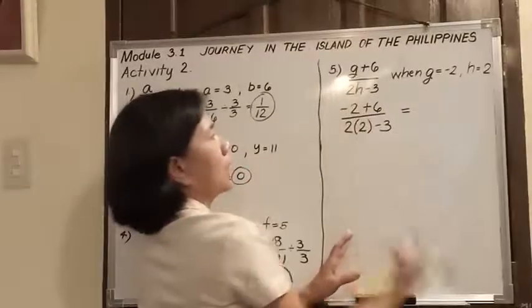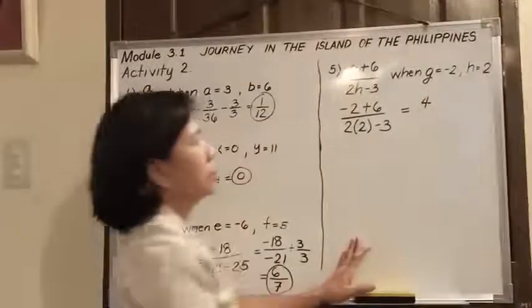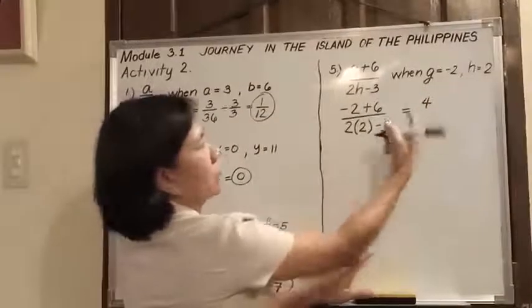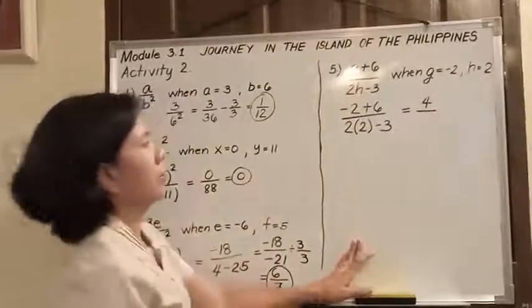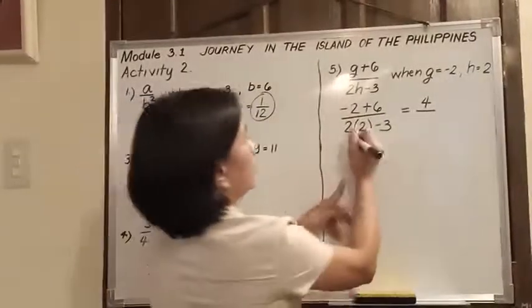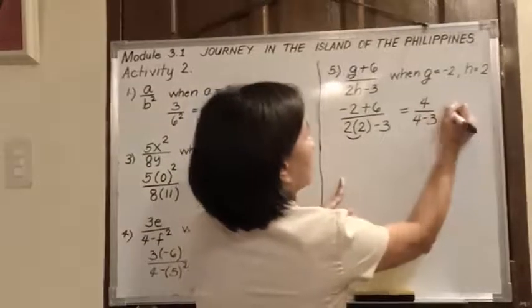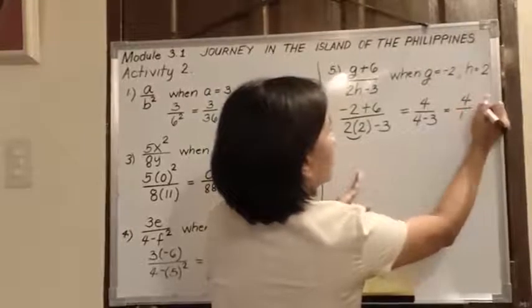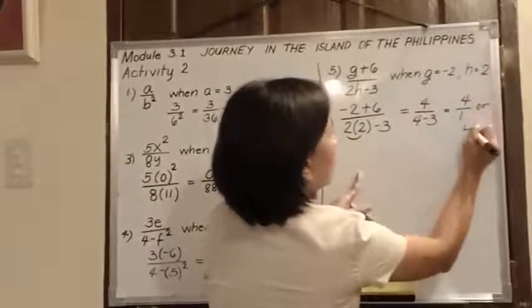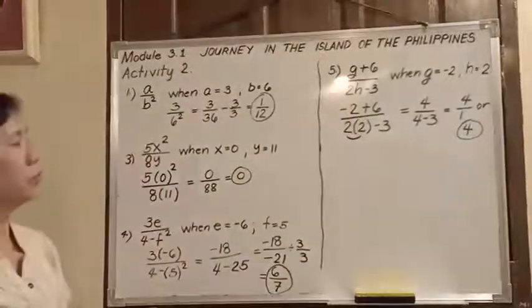Again, different signs, subtract. Then get the sign of the bigger number, that is 4. 6 minus 2 is 4. Sign of 6 is positive, so that is positive 4. 2 times 2, we have 4. 4 minus 3. So this time we have 4 over 1, or 4. So these are the answers for activity 2.